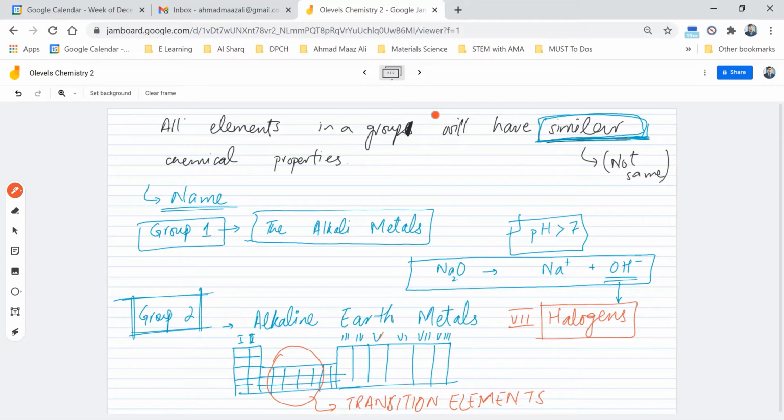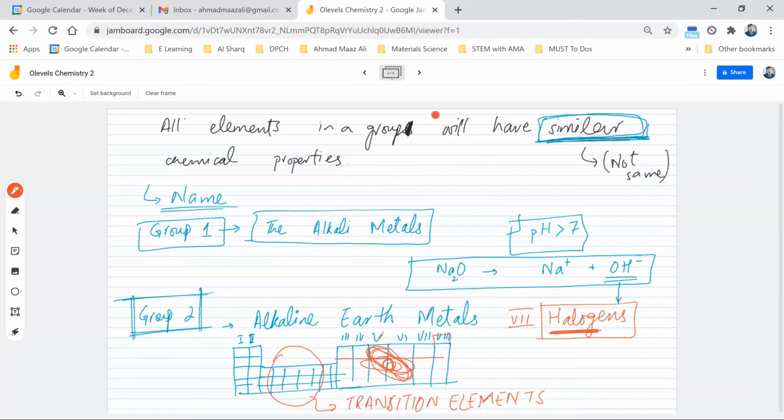Some think they have both metallic and non-metallic properties, but those are called metalloids. We'll study them as well. When I said that groups 3, 4, 5, or 6 are not given a proper name, it is because metalloids are found diagonally and are not in the same group. I'll come to that in a minute.